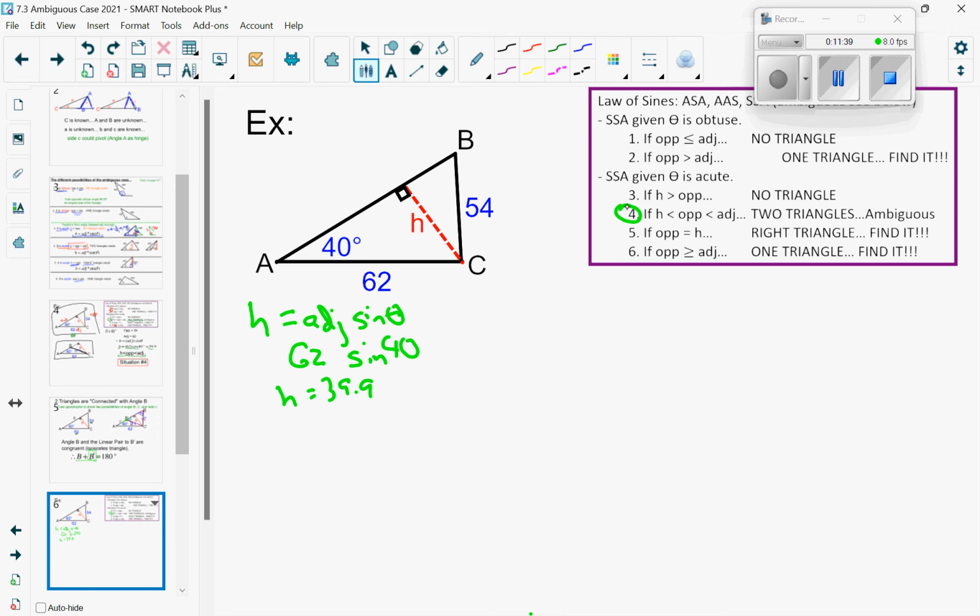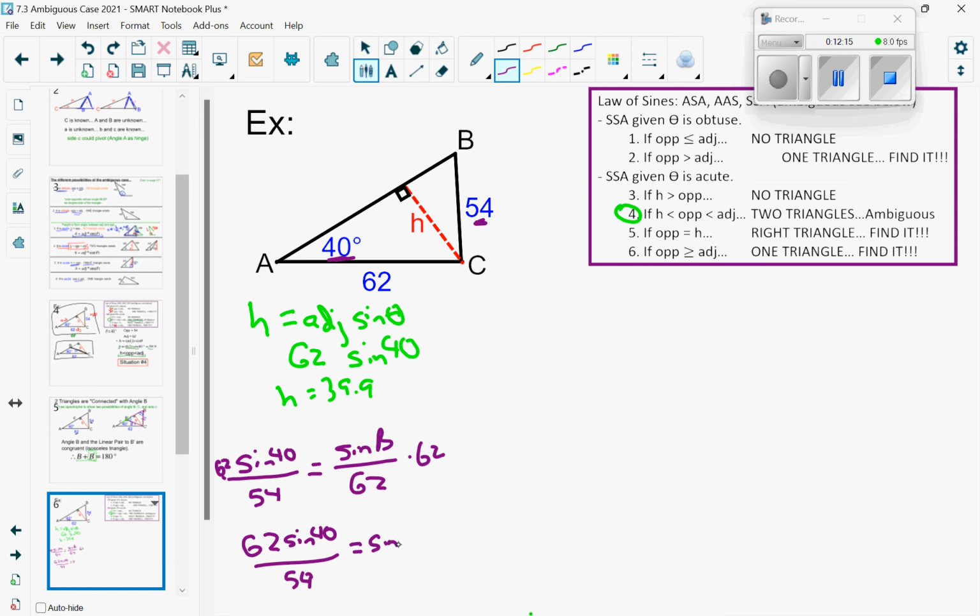So let's find them. Now that I know the triangles exist, we still technically have this pair, so I can use law of sines. So we would get sine of 40 over 54 equals sine of B over 62. Multiply both sides by 62, and then I get 62 sine 40 over 54 equals sine of B. And then, of course, we can take the inverse sine of both sides.